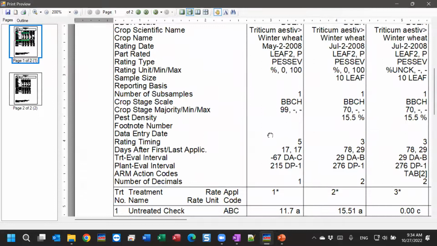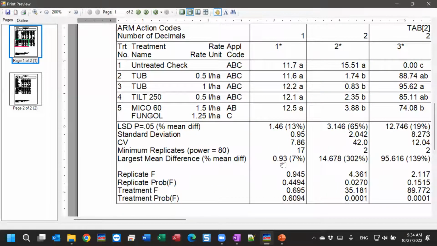What's our unit? Percent. So the biggest difference in our assessment here is 0.93%, and that ends up being 7% essentially of a difference compared to the grand mean, I believe. So that's what we saw, if you will. That was the actual results here. Pretty small difference that we're trying to detect.